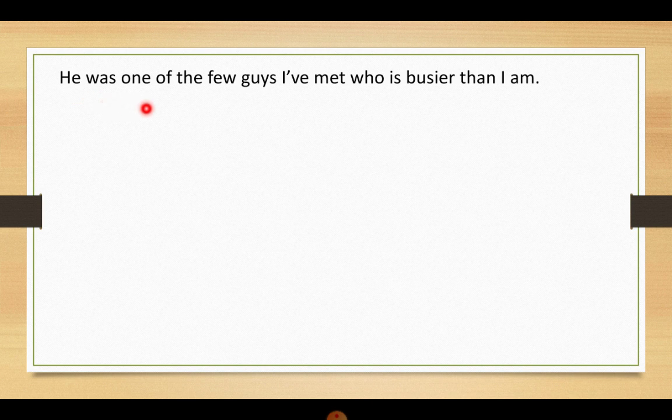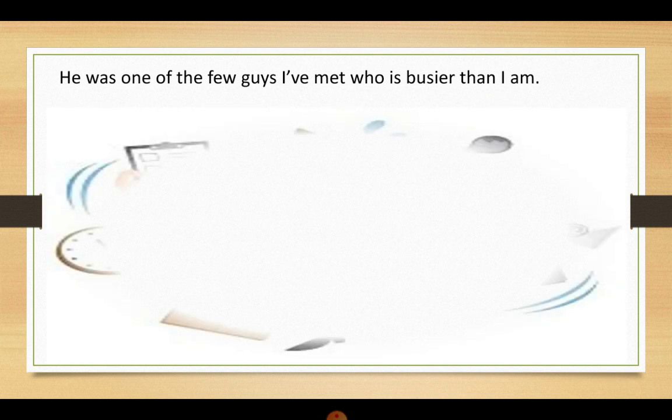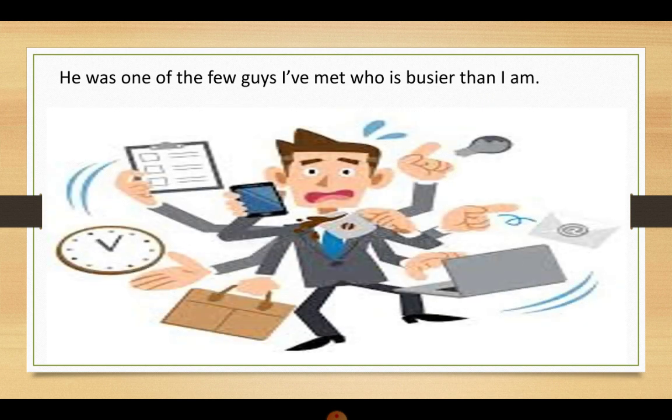He was one of the few guys I've met who is busier than I am. So it seems from the picture that he's very busy. He's busier than I am.